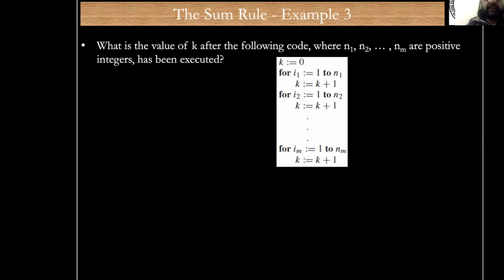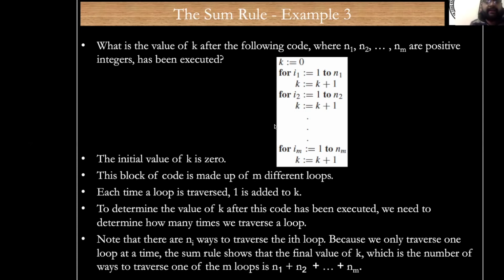In this scenario, I1 goes from 1 to n1, and k is k plus 1, so you increment k n1 times. Now the value of k is already n1. When you run I2, which takes values from 1 to n2, you run this loop n2 times. You're going to have incremented k by n1 plus n2 by the end of that loop, and so on until you reach Im. So in this case, it's going to be the sum n1 plus n2 up to nm.